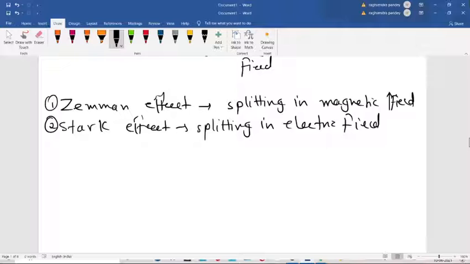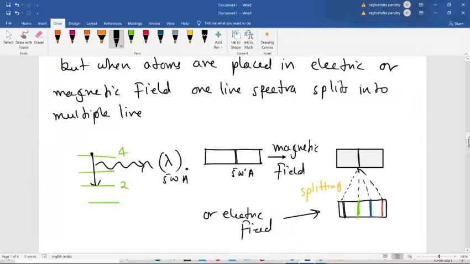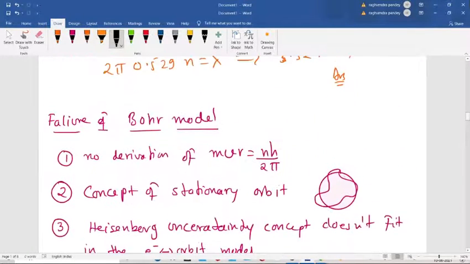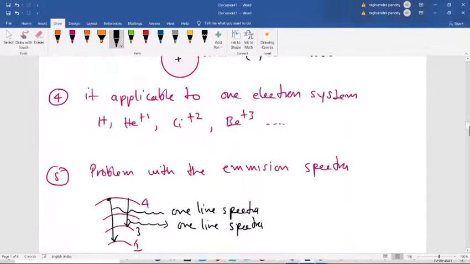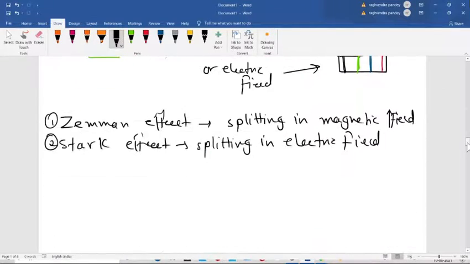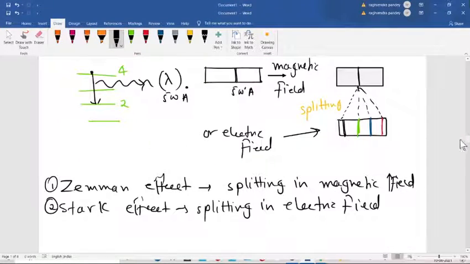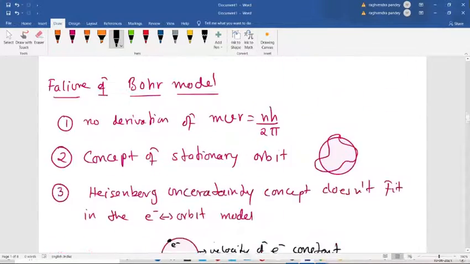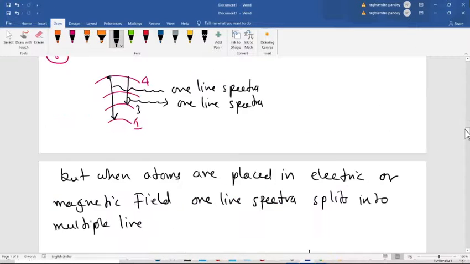Yes, that is okay, only this is required. Others are quantum entanglement and all that. So this is the only thing. So, the Bohr model's failure. This much you have to learn.